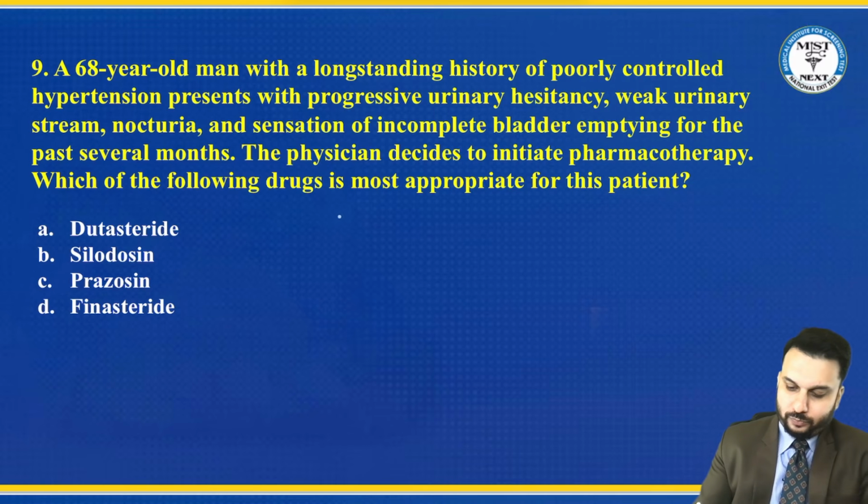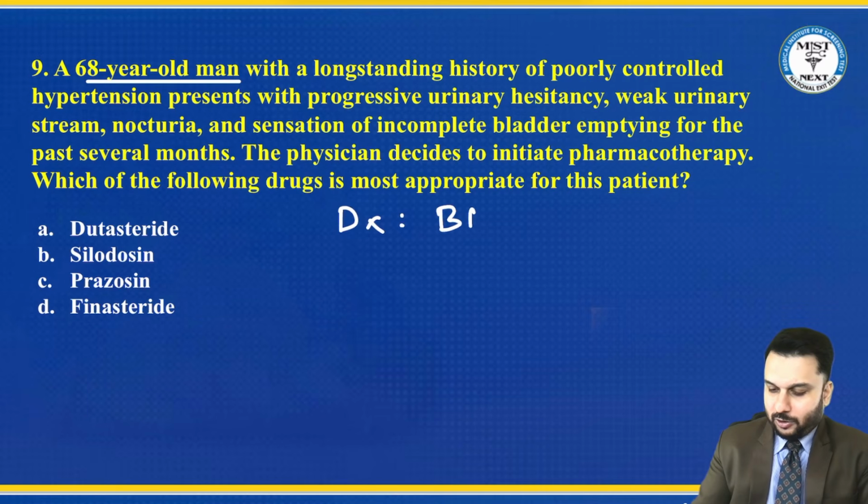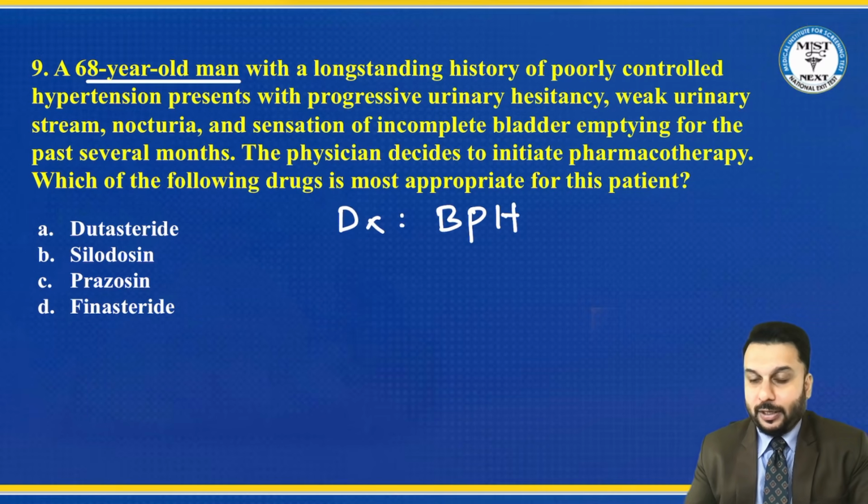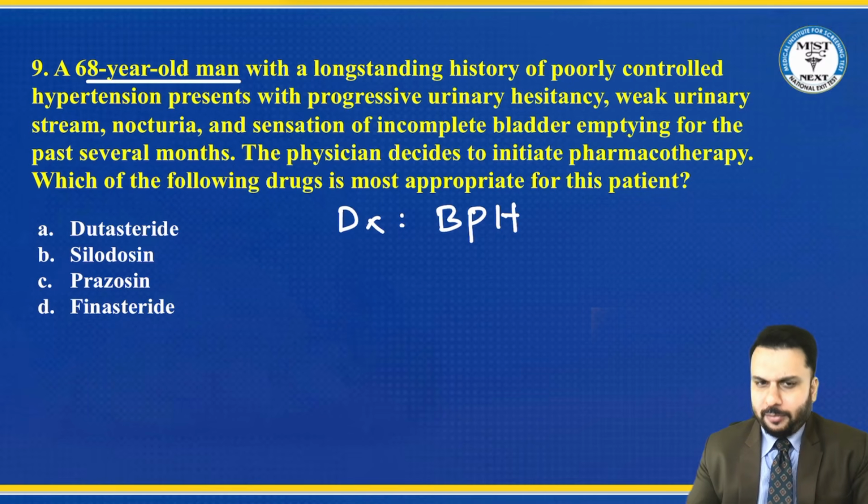All right. So now, based on the age, the presentation, etc., you must have figured out by now that this is a case of BPH. All right, this is a case of BPH. And many of you remember there are two drugs very popular for the BPH.